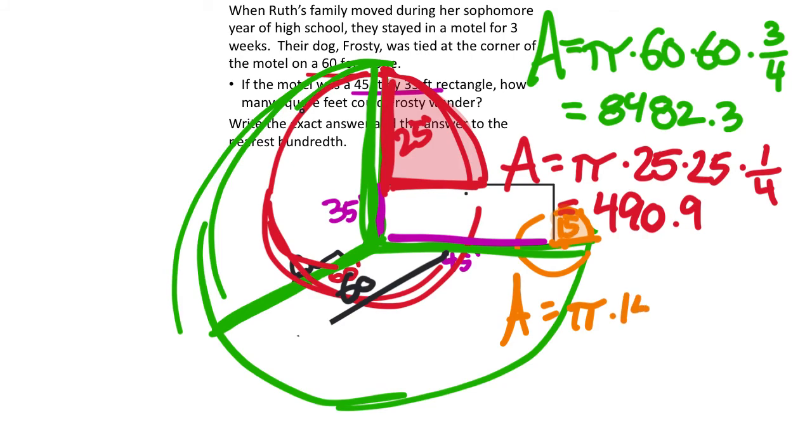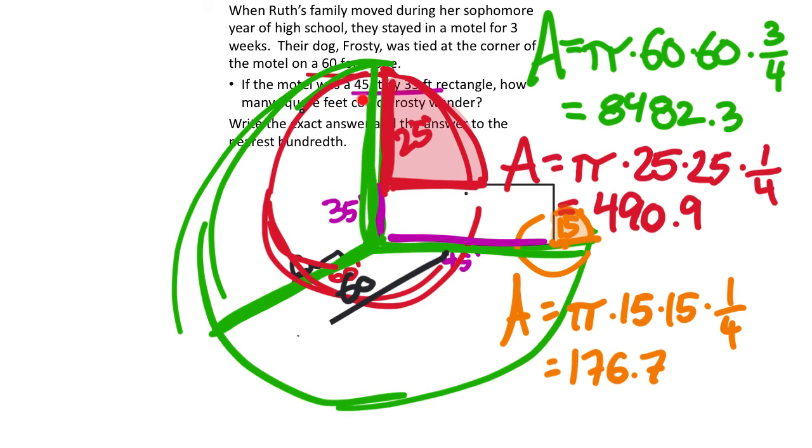So I got pi times 15 times 15. And again, that's just 1/4 of a circle, so times 1/4. So the area of the orange part, just the part that he can go or cover, is pi times 15 times 15 times 1 divided by 4. I get 176.71, so I'm just going to make that 0.7 right there, okay?